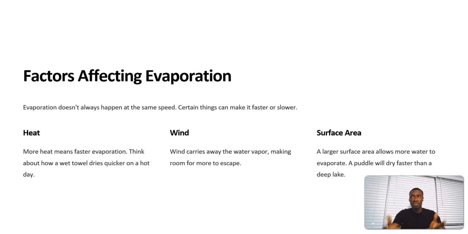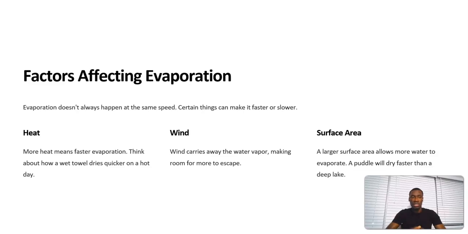First, heat. The heat will determine how fast the process of evaporation will take place. More heat means faster evaporation. Think about how a wet towel dries quicker on a hot day. The higher the heat, the quicker the evaporation.